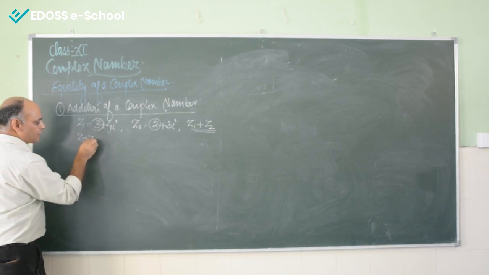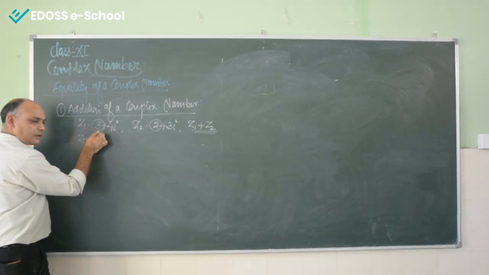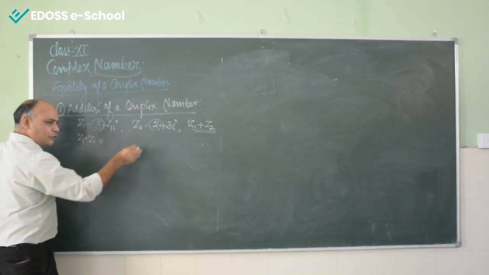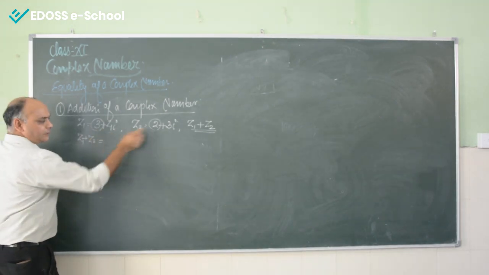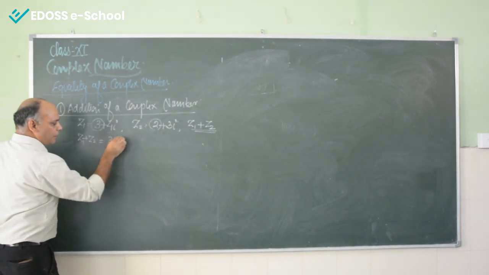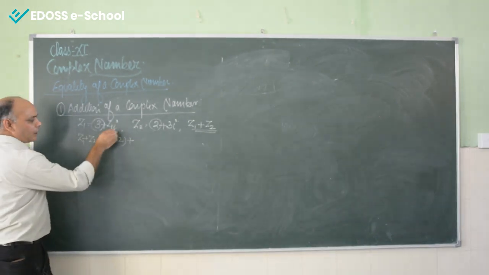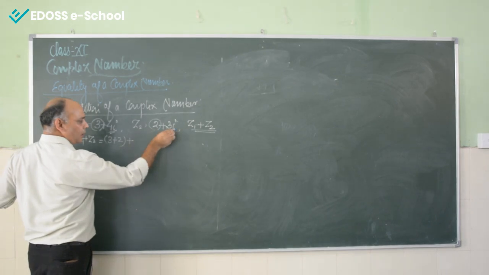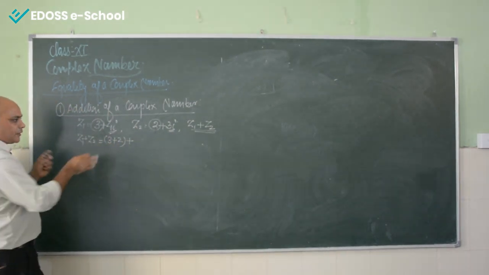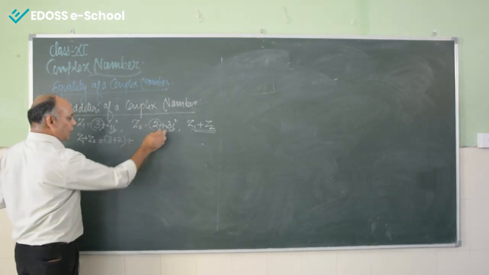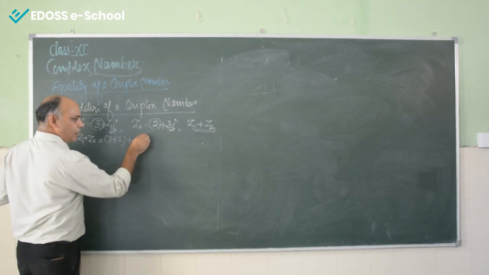Z1 plus Z2 will be equal to 3 plus 2, because this is the real part and this is the real part. You can treat them as like terms. Then write a plus here. The 4 iota and 3 iota are again like terms, treated separately, so 4 iota plus 3 iota is 4 plus 3, that is equal to 7 iota.